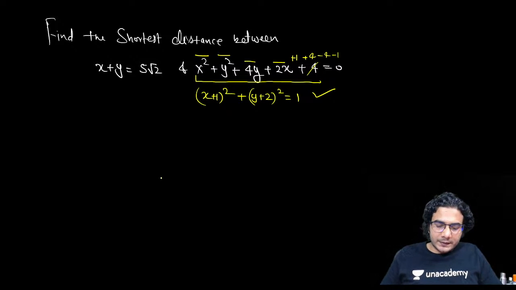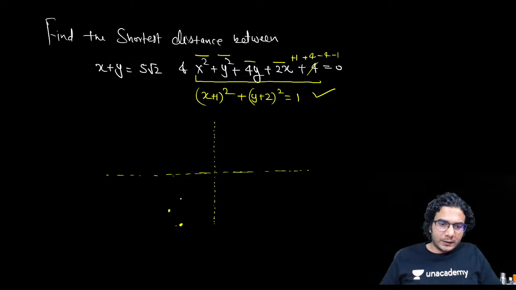With center minus. So in this case, hello Subhash. The center is minus 1 comma minus 2, somewhere here, and the radius is 1.